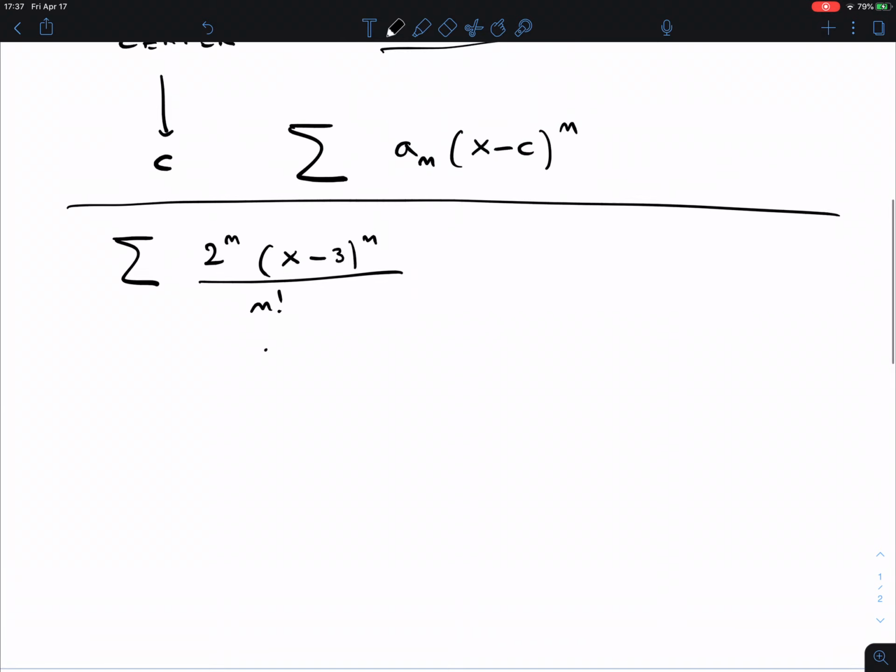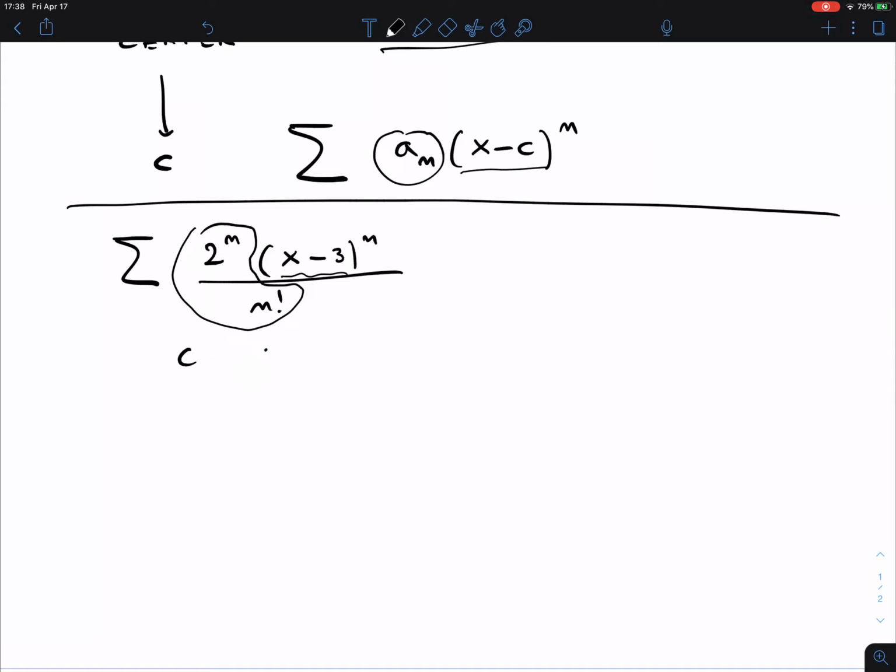What is the a_n here? a_n is the part without the x's, right? So the a_n's are this part here. And then this is x minus c, x minus 3. So c here is 3. So the center is 3.